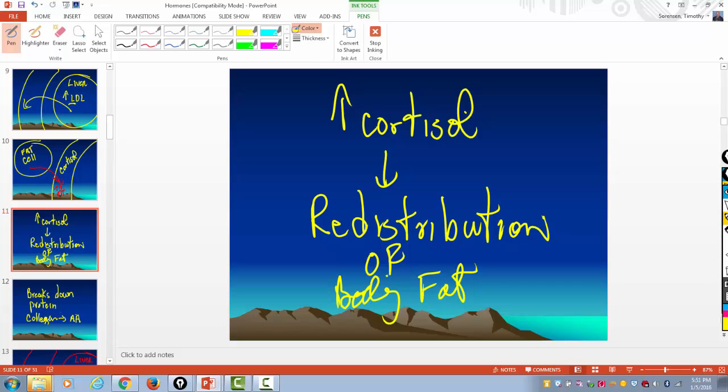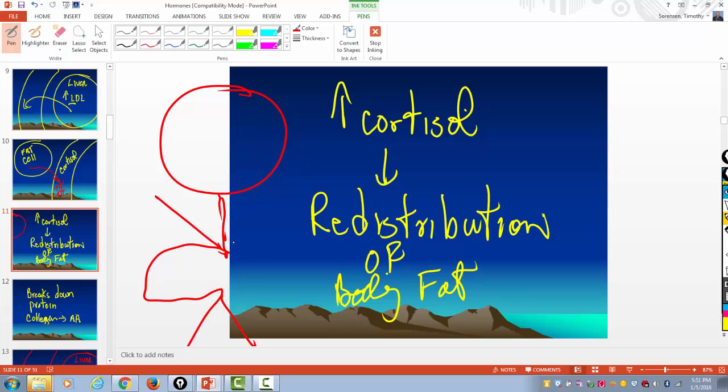So what they get, I'll draw a really good picture, is they get a fat face, then they get a big belly, they get skinny arms and legs due to the decrease in muscle mass, the breakdown of protein, and then they get a buffalo hump. I better put it back on this person. There. So that's the redistribution of fat that goes along with cortisol. So they get the kind of pudgy face, they get the buffalo hump, a pad of fat between their shoulder blades, and then they get the big belly.